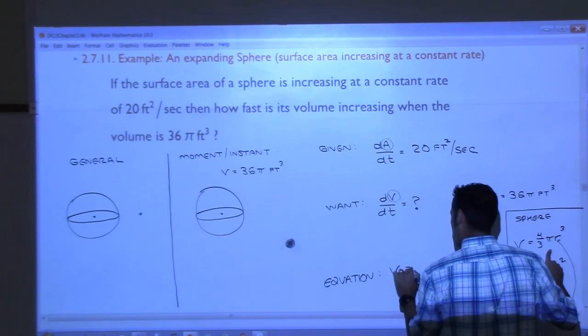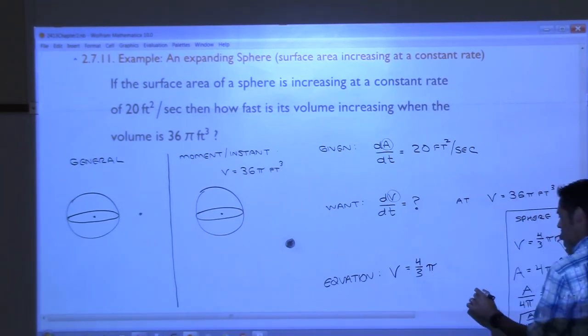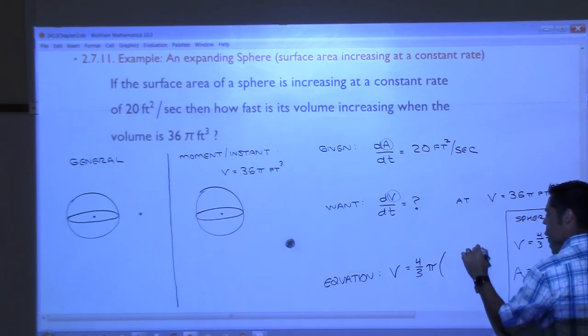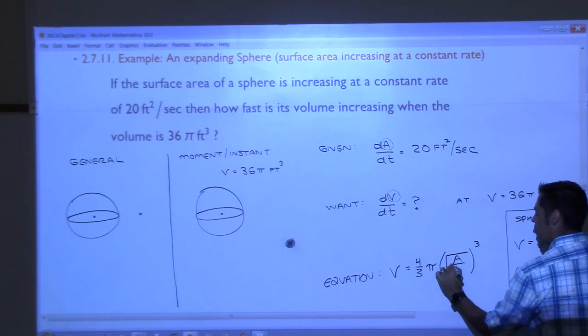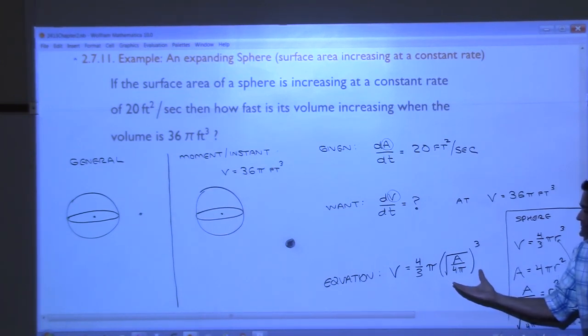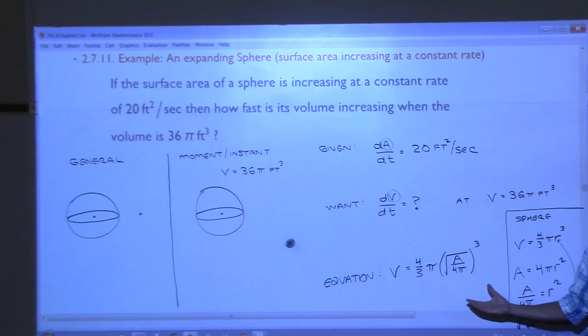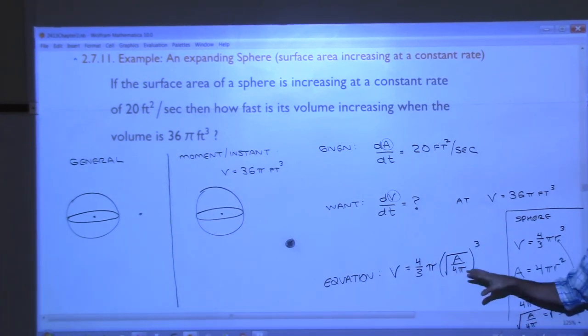Volume equals 4/3 pi, and then the square root of area over 4 pi, cubed. And that is an equation that has area and volume together. So that's my equation. It's not pretty.